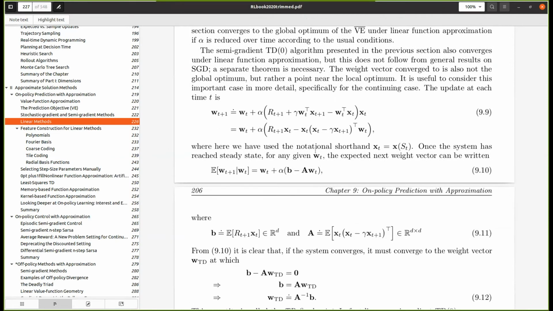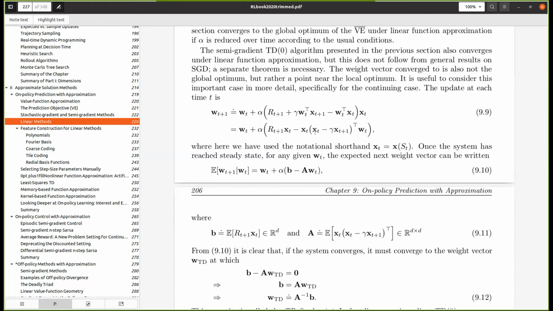After doing some rewriting, we can express the update, again particular to the linear case, in this form: we have a constant vector, independent of w, that depends on the reward and the features.